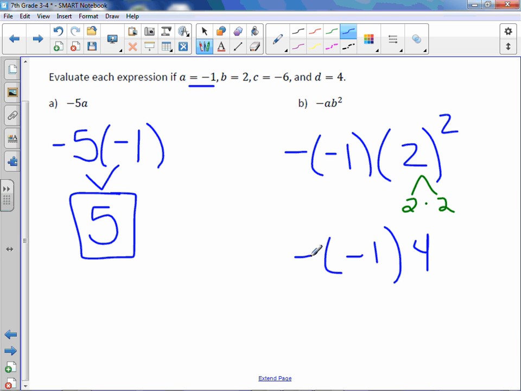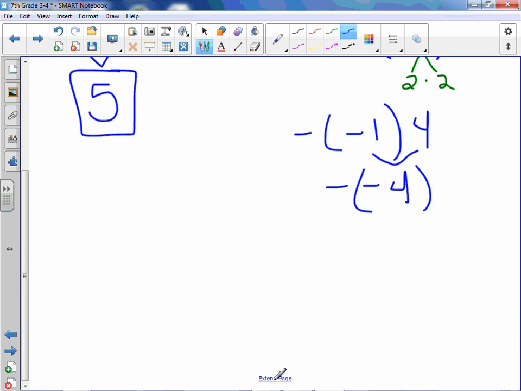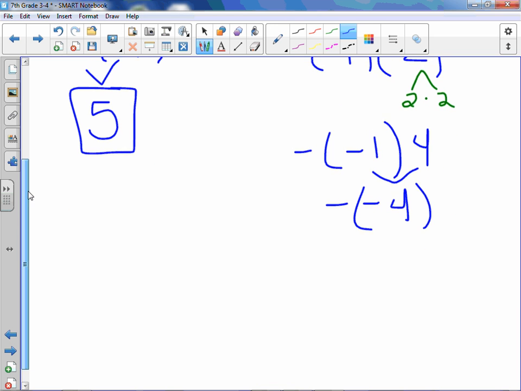Now let's do negative 1 times 4, which would be negative 4. However, we still have that negative sign hanging out in front. This is really an invisible negative 1. So we would then say negative 1 times negative 4, which would result in a positive 4.